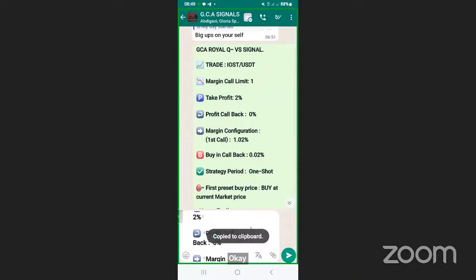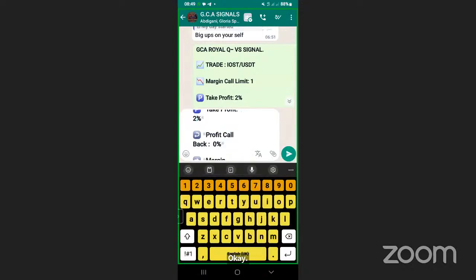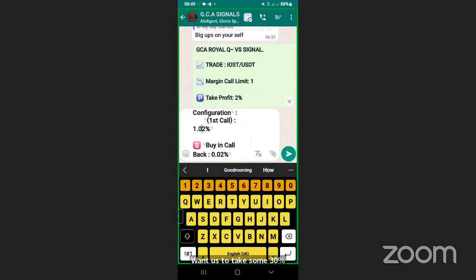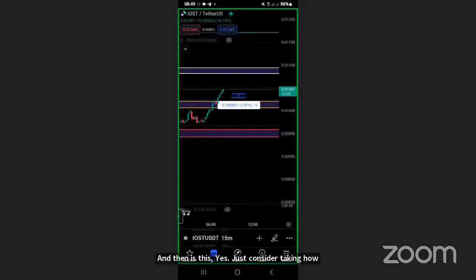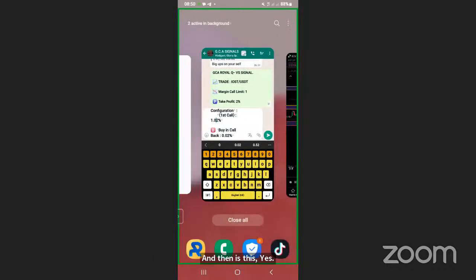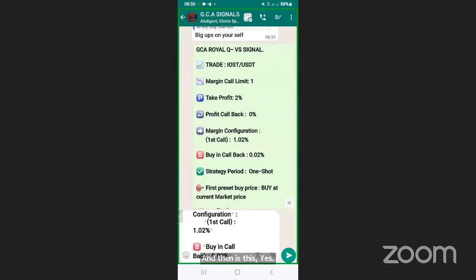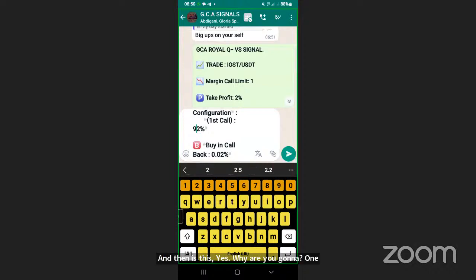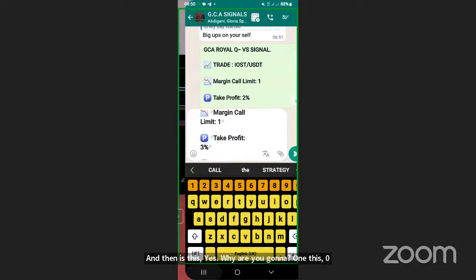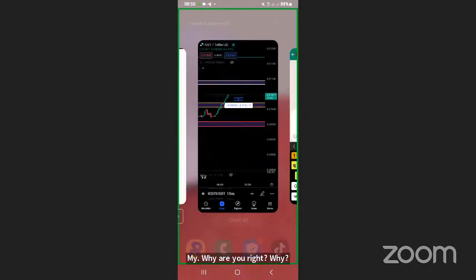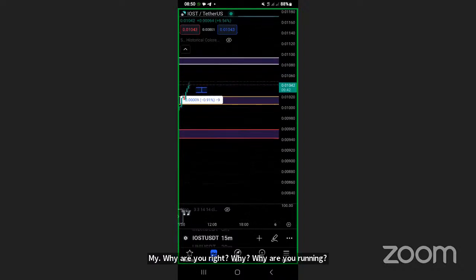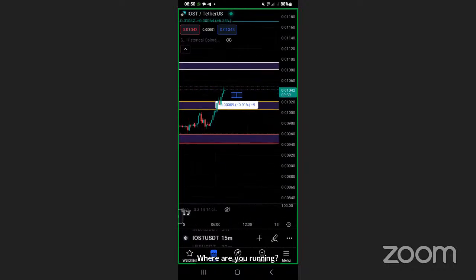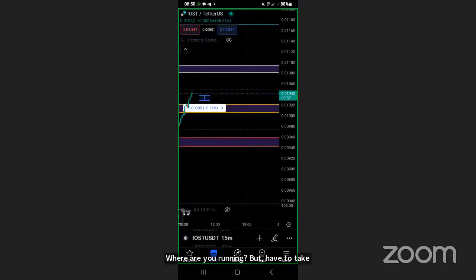I want us to take some 3%. Let's consider taking how much. Nevertheless, still, we want this 0.9. Why are you running?